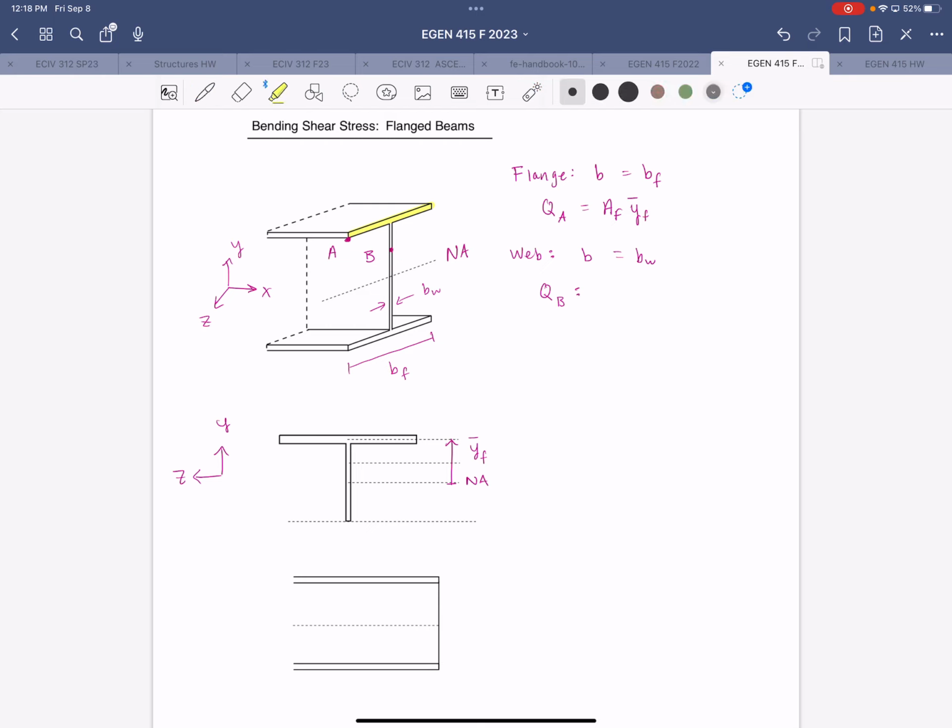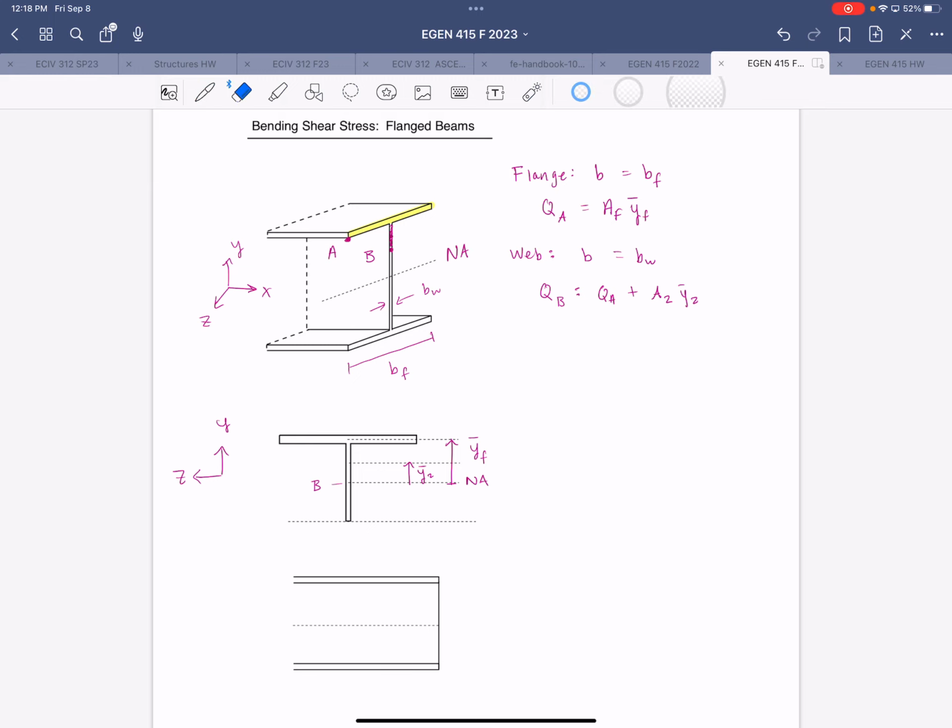So we would need to add to our QA the area within the web that's above B. So we can say it's going to be equal to QA plus A2 Y2 bar, where Y2 bar is the distance to a point at the centroid of that second area. So I'm going to label this as point B.